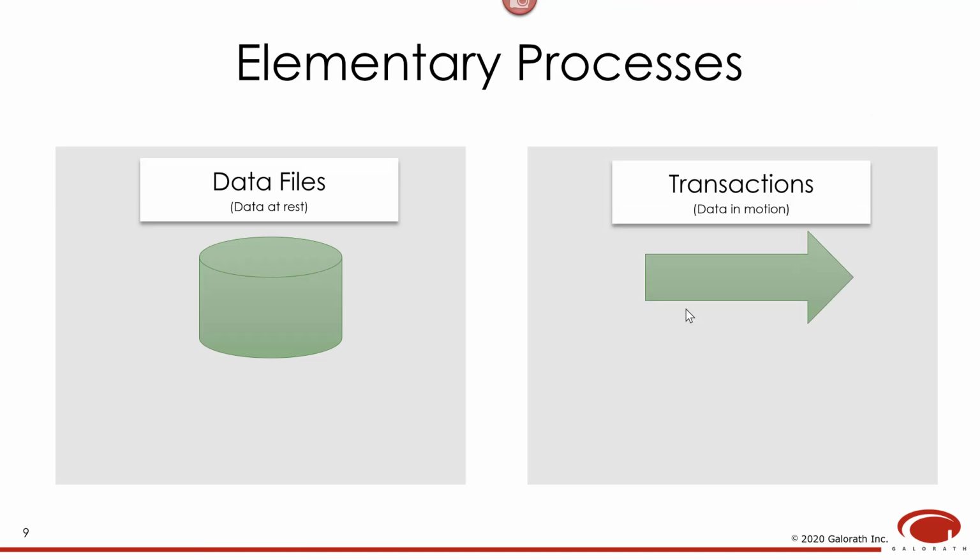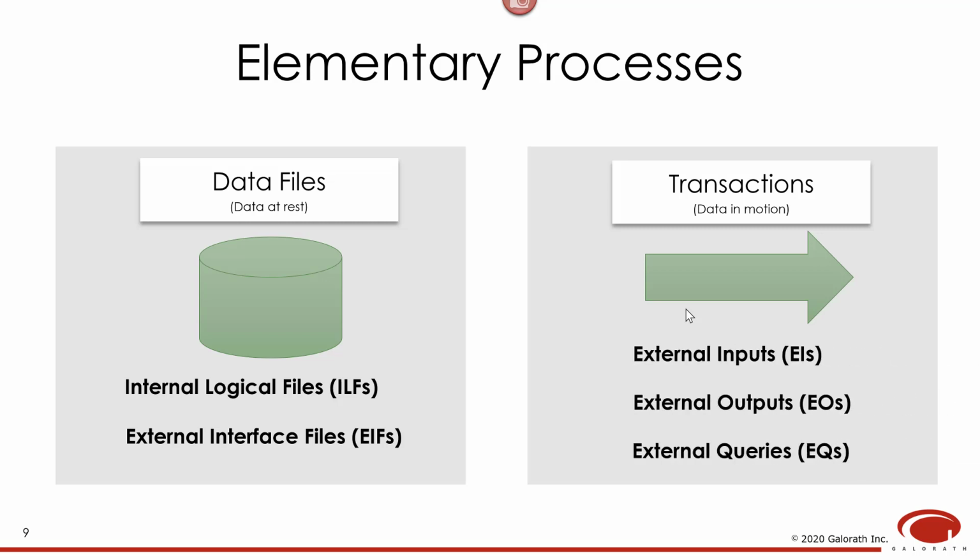And then we have transactions or data in motion. Underneath data files, we can have internal logical files or ILFs and external interface files or EIFs. Underneath transactions, we have external inputs or EIs, external outputs or EOs, and external queries or EQs.